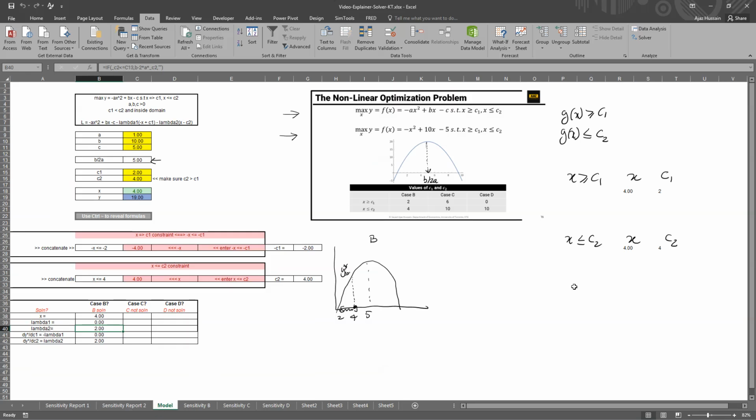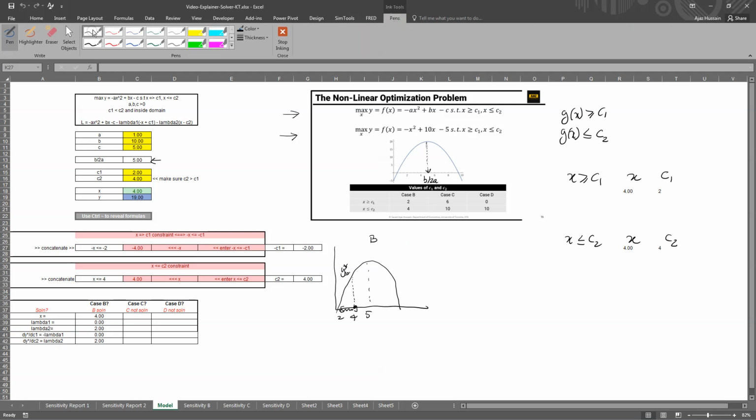Let's try case C. So in case C, you have this function. The maximum happens at 5, but you'll notice that C1 is 6 and C2 is 10.